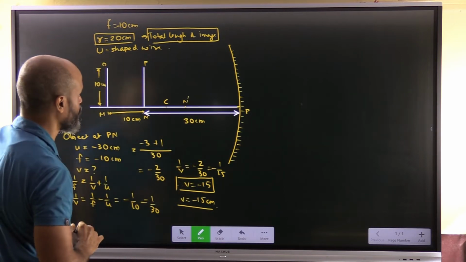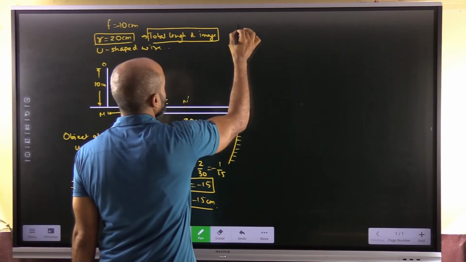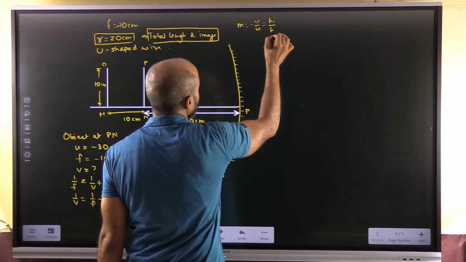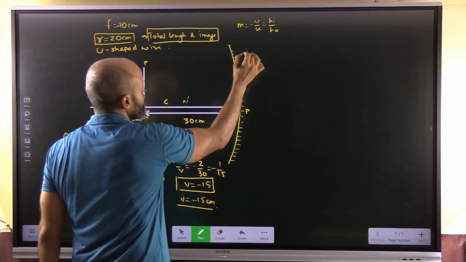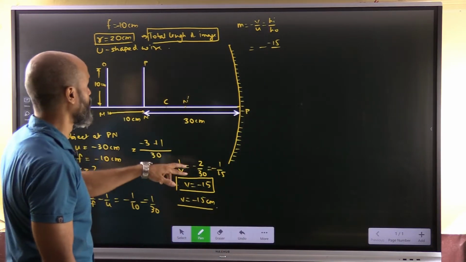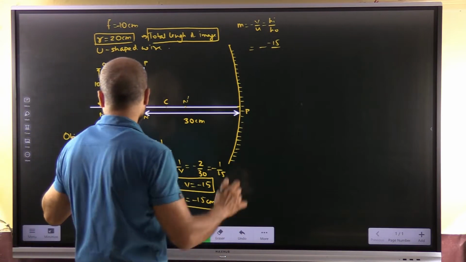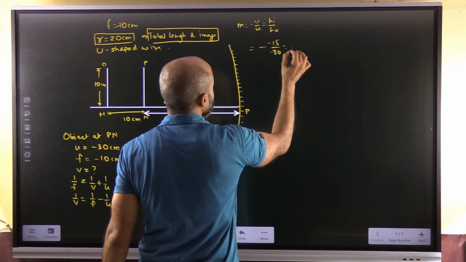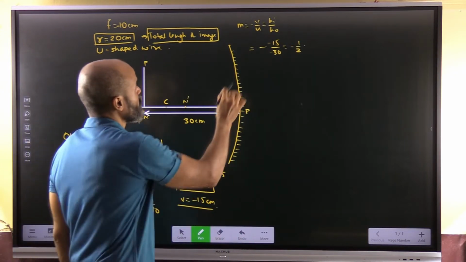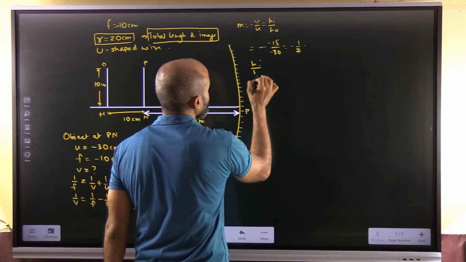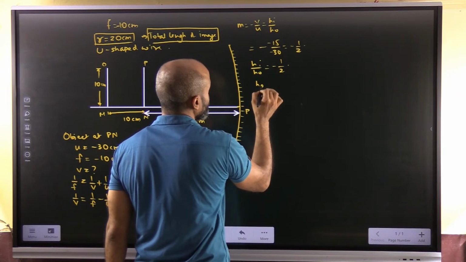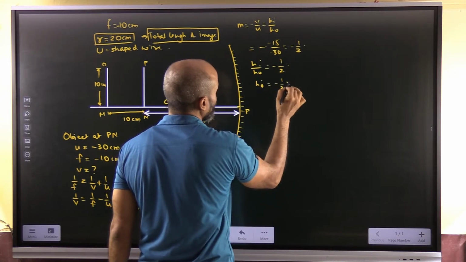Now we have to calculate the height of the image. Magnification is equal to minus v by u, that is height of image upon height of object. So in this case, minus of minus 15 upon minus 30. So this will be minus 1 by 2. So height of image upon height of object is equal to minus 1 by 2, which means that height of image is minus half of height of object.